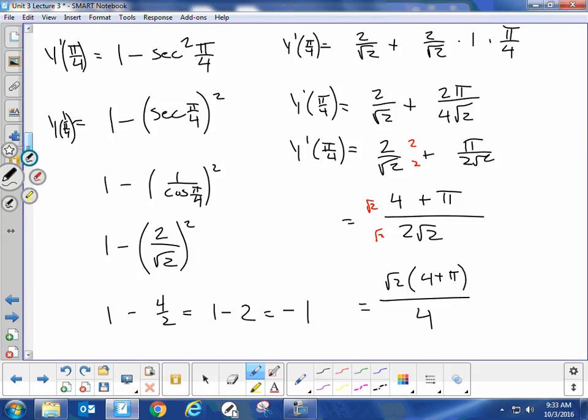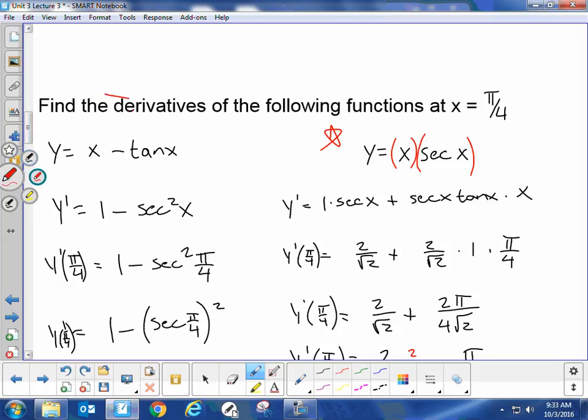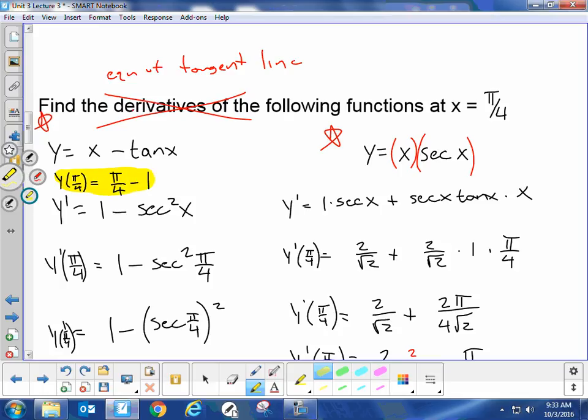Okay, now that we found the slope, we can easily write equations of tangent lines. So maybe instead of finding the derivative, we can find the equation of the tangent line. Let's just write the equation of the tangent line for this function at pi over 4. All we would need is the function value y at pi over 4, which would be pi over 4 minus 1. It's a funny looking function value, however, we probably can't simplify this anymore.